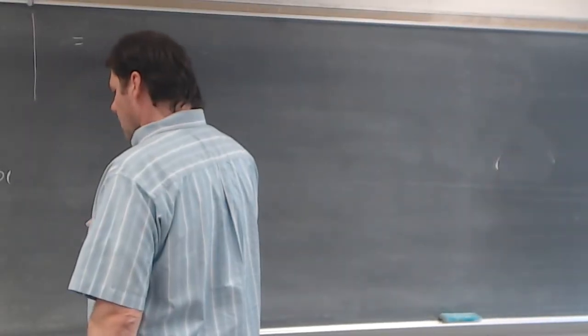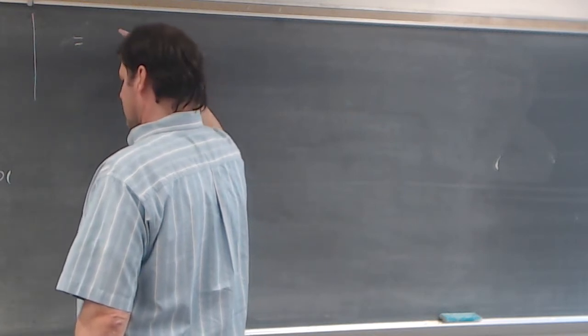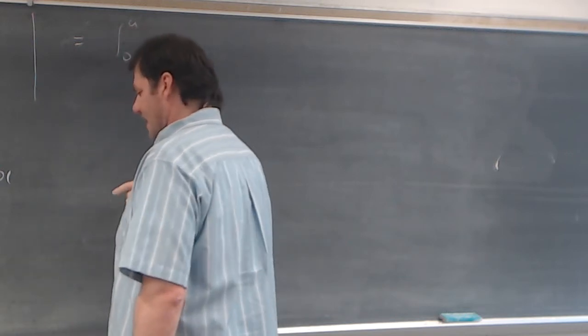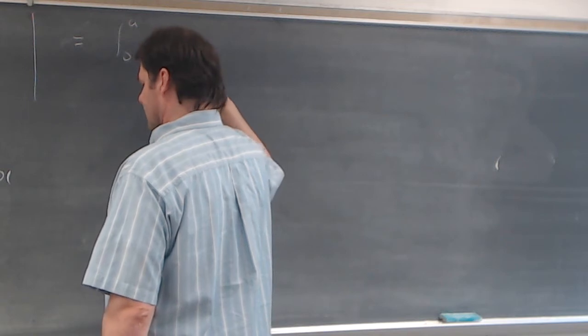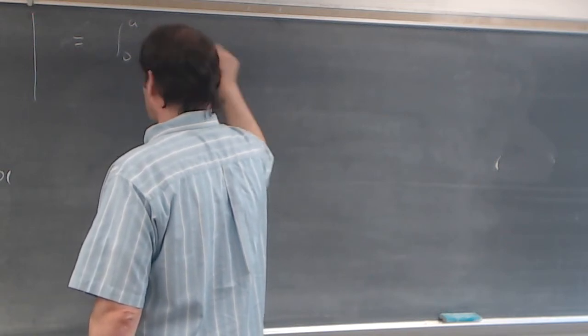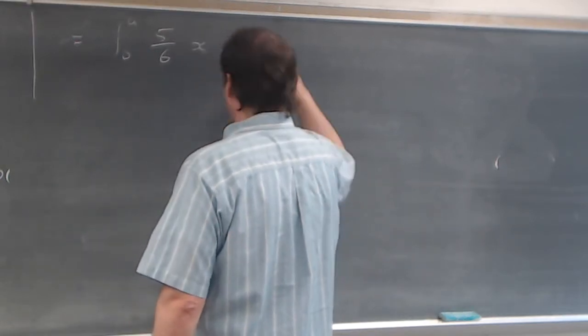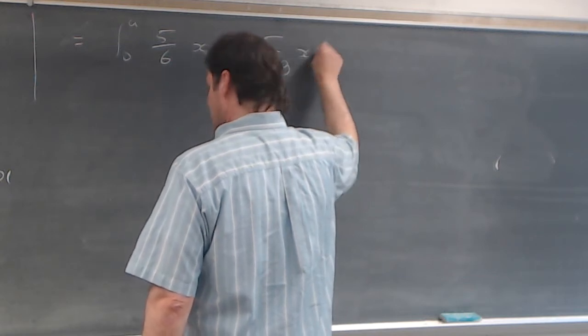And that's going to be equal to, okay, so I stick in 2 for y, that's 8. So it's an integral from 0 to a. When I have y cubed, that's 8. That's going to be 5 sixths then, because 8 over 48 gives me the 1 over 6. So it's 5 sixths x, and minus, when I let y be equal to x, I'm going to have 5 48ths. This will be x to the 4th.